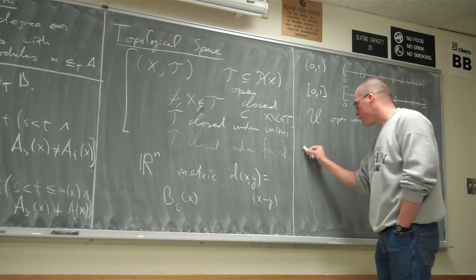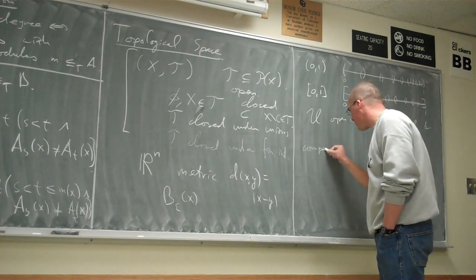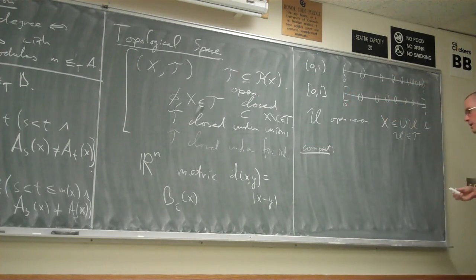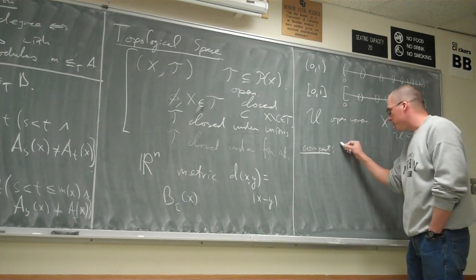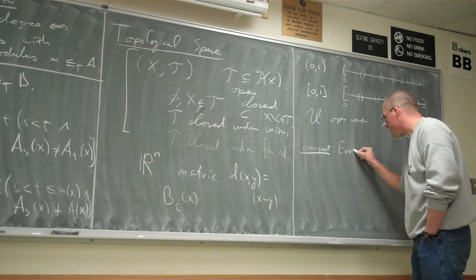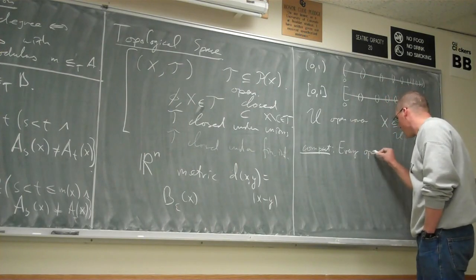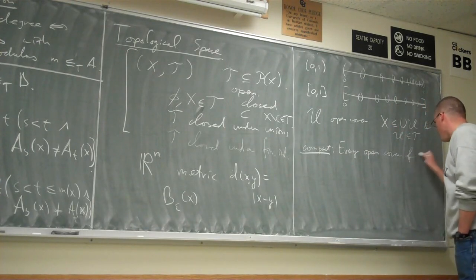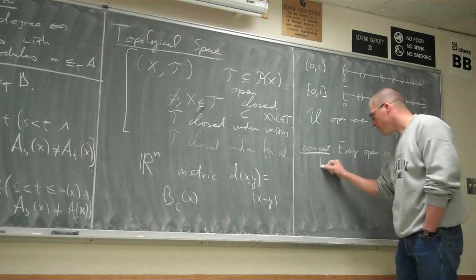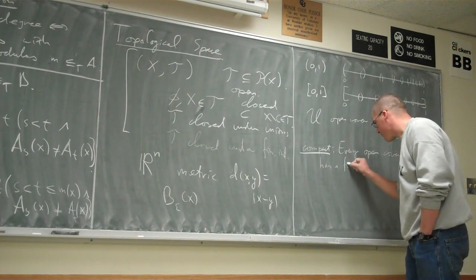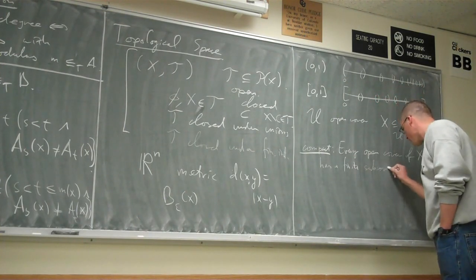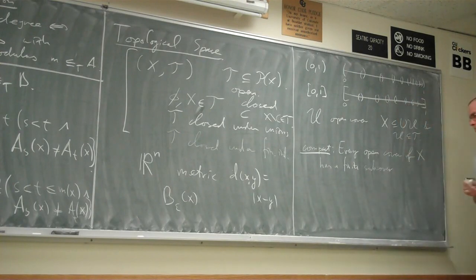Because [0, 1] is a compact topological space, which means that every open cover of X has a finite subcover.